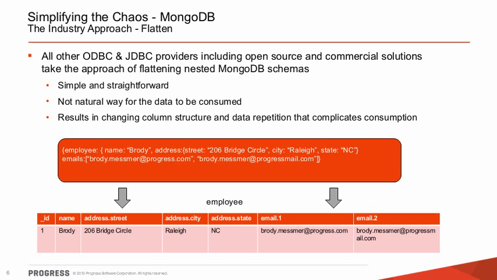When we think about MongoDB and simplifying that chaos, we first took a lot of time because we wanted to build the most robust and best of breed data connectivity solution for MongoDB. We looked at the industry, what was out there, what people were doing, because we knew that standards-based connectivity was continuing to be a growing challenge.